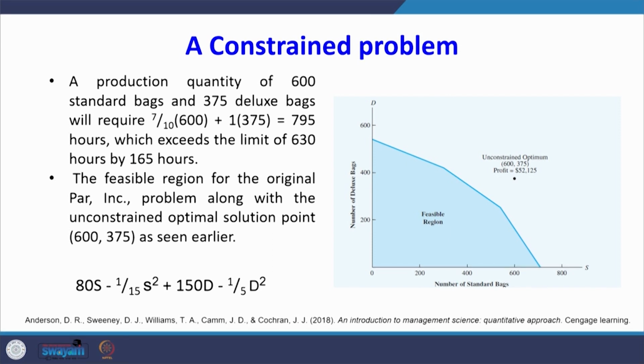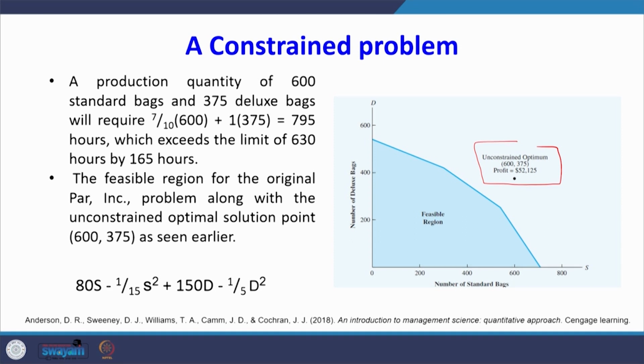Okay. Now, the point 600 and 375 is lying here, but our feasible region is this region. So, the solution I have considered, 600 and 375, is not the optimal solution, because it is violating our constraint.